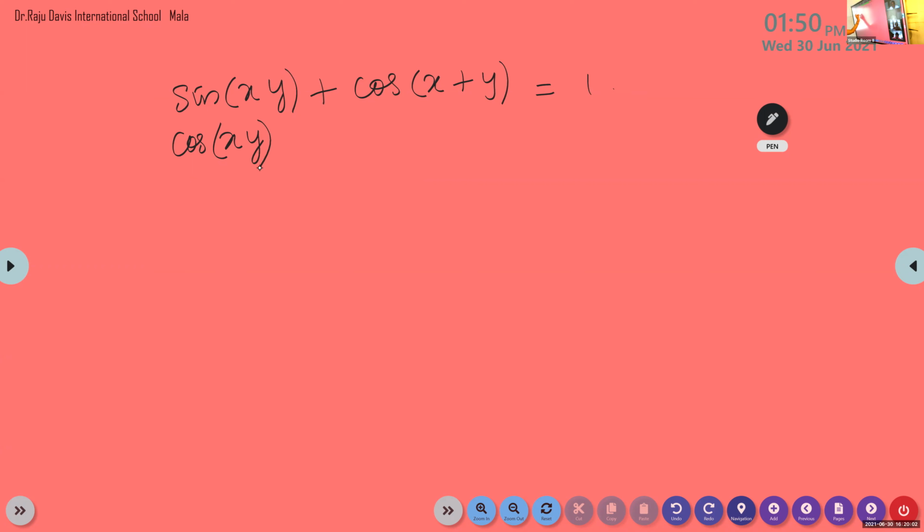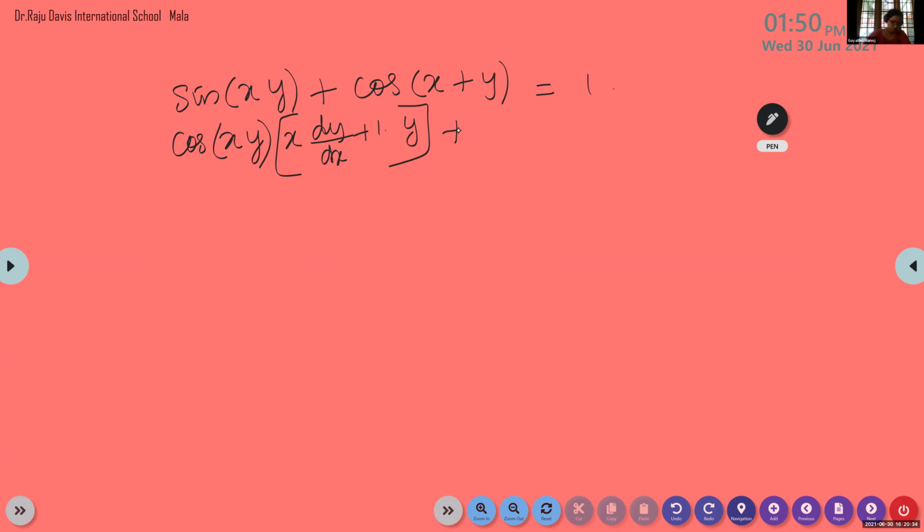So we should use product rule for differentiating xy. X into product rule: first function as such, derivative of y is dy by dx, plus y into derivative of x is 1. Plus, what is derivative of cos x, Gayatri?